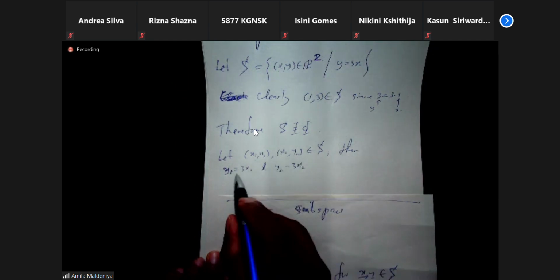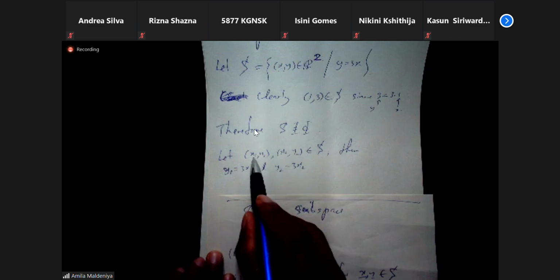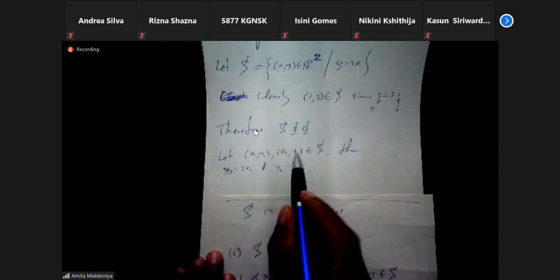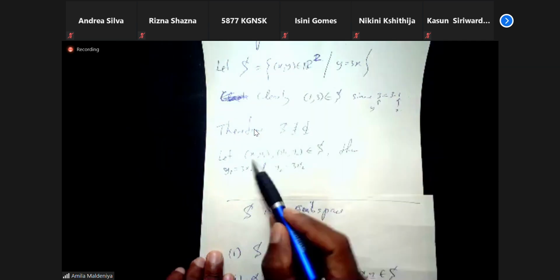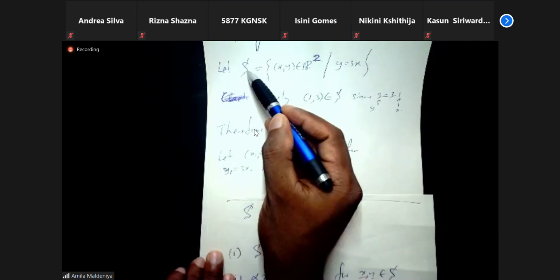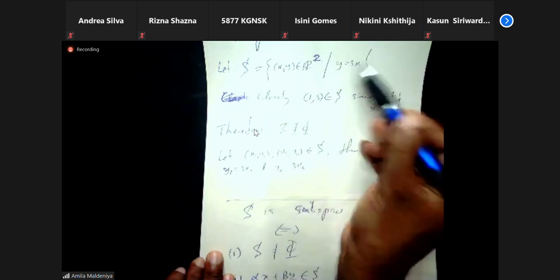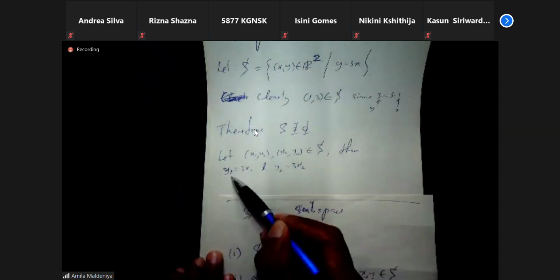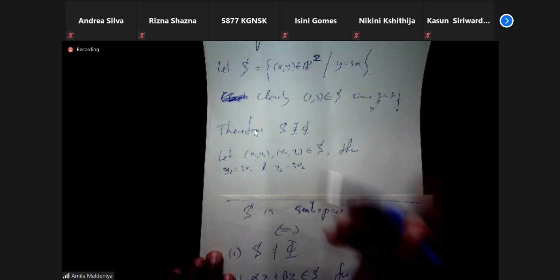Now, why? Because these are points in S. If this one is an element in S, then definitely that element's x and y coordinates must satisfy this relation, no? Similarly for that one.